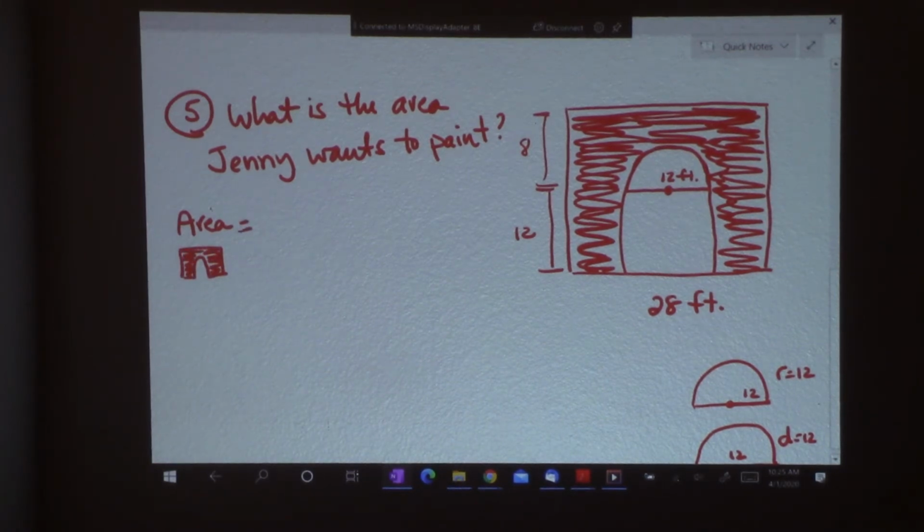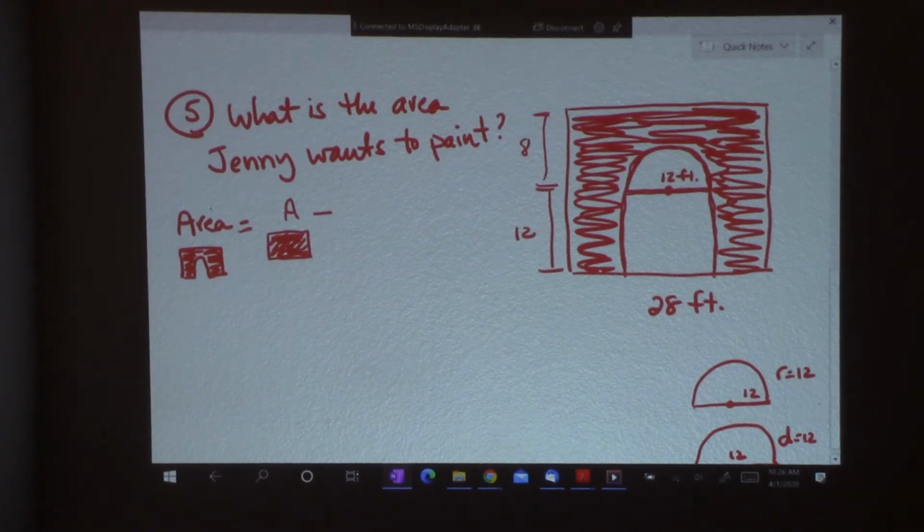is going to be the whole thing, which is the area of the big rectangle. I've got the whole thing, and I'm going to minus the semicircle and the square that's here.